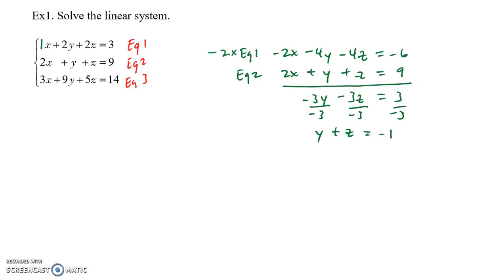So the simplest way to do that is to pair equation 1 with equation 3 and multiply equation 1 by negative 3. So we're going to next do negative 3 times equation 1, and that would give us negative 3x minus 6y minus 6z equals negative 9.